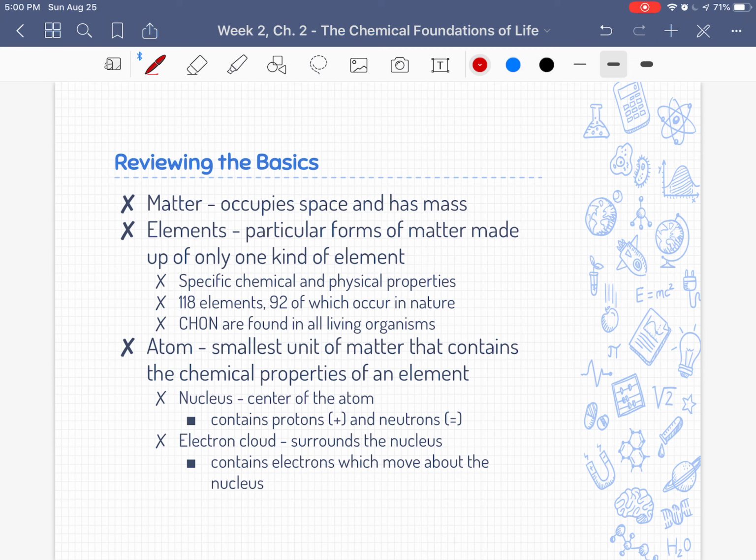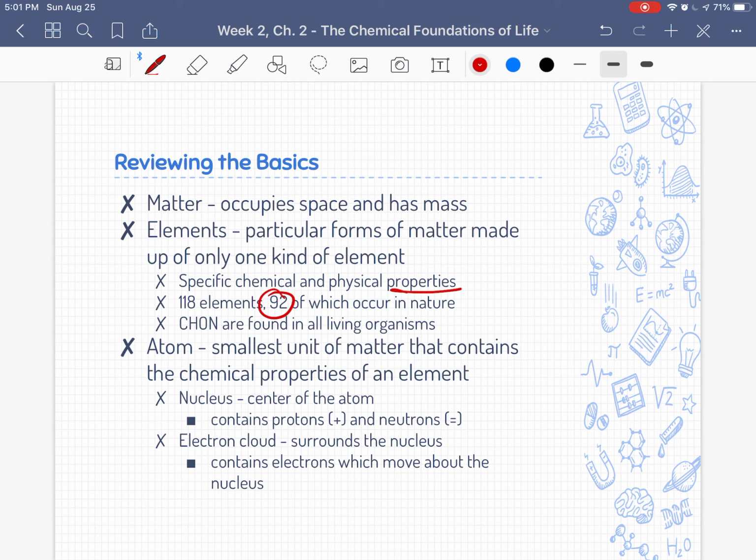So you're talking about a group or a category of matter that is made up of atoms that are all composed the exact same way. All of these elements, so for instance, if we're talking about oxygen, all oxygen atoms have specific properties that allow it to interact with other atoms and other elements to make molecules and compounds. 92 of the elements that we know of occur in nature, so they're easily found.